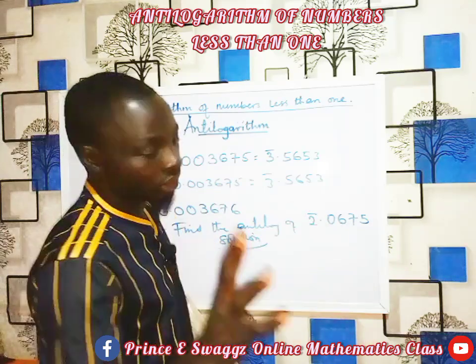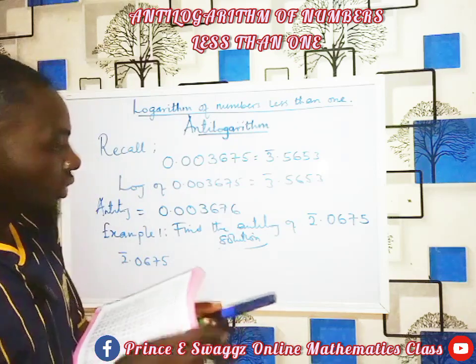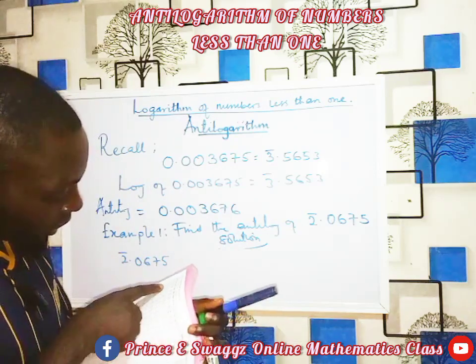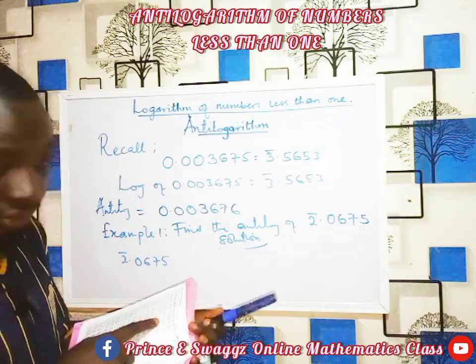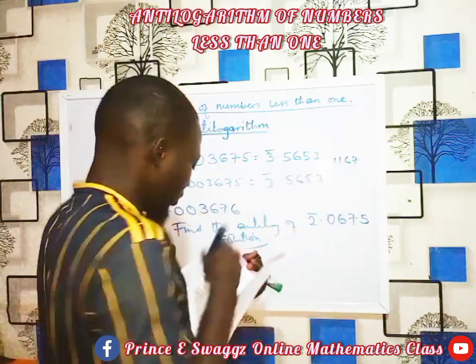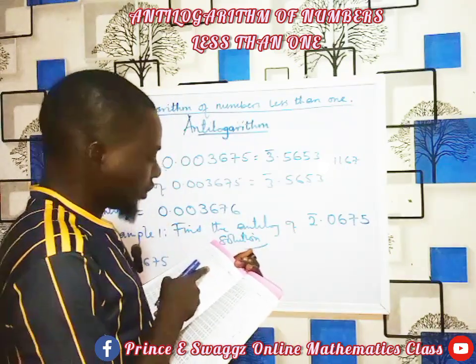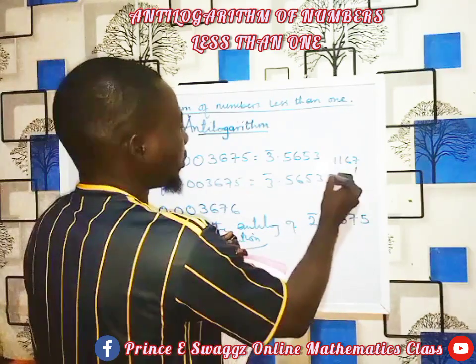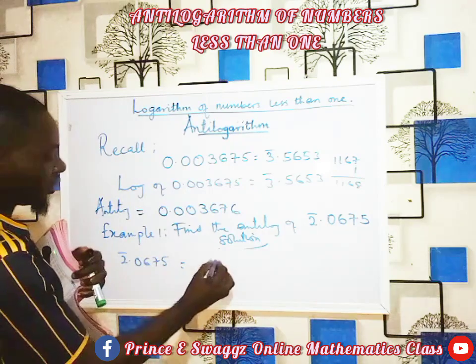So that is 06 under 7, which is 1167. Then difference 5 is 1, so you add 1. That gives 1168.